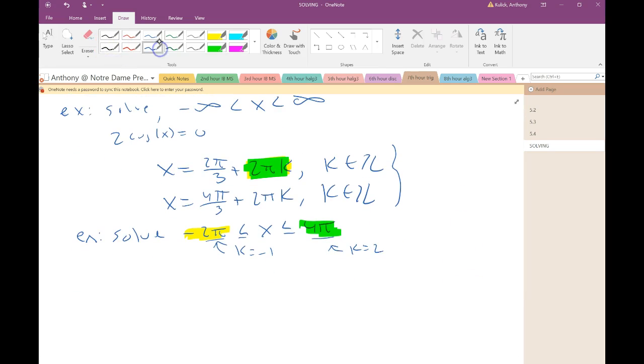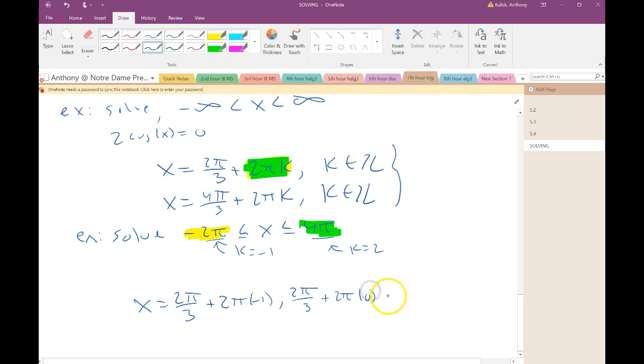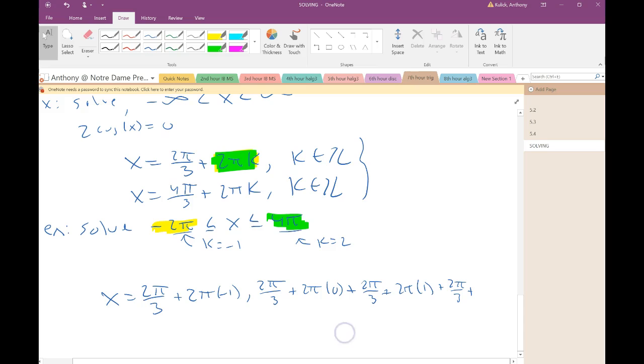So I can just use that answer and say that we have 2 pi over 3 plus 2 pi times -1. We have 2 pi over 3 plus 2 pi times 0. 2 pi over 3 plus 2 pi to the first. And then 2 pi over 3 plus 2 pi times 2.